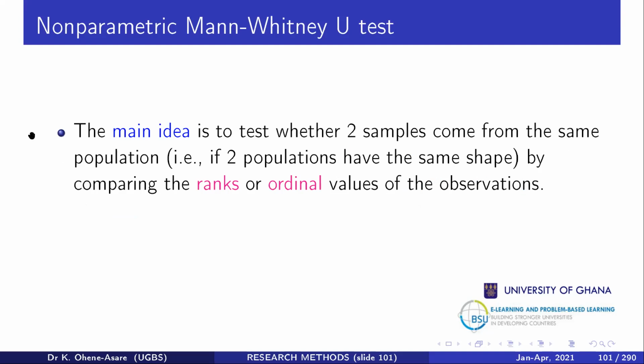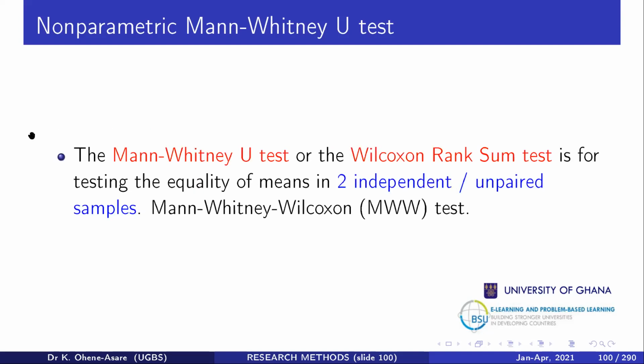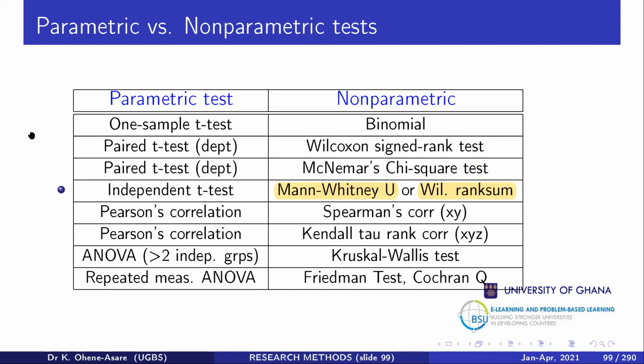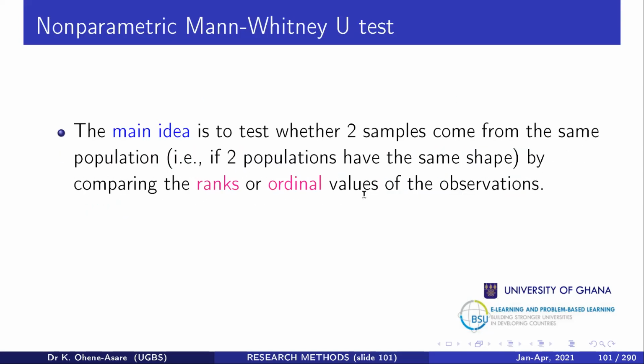Well, we know that the t-tests are parametric. The data is parametric, which means that the data is usually normally distributed. Mann-Whitney, like most non-parametric tests, is not normally distributed. The data is ordinal or rank. So that is a standard assumption.